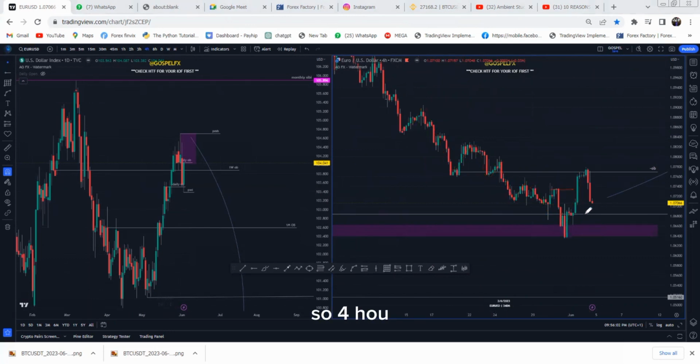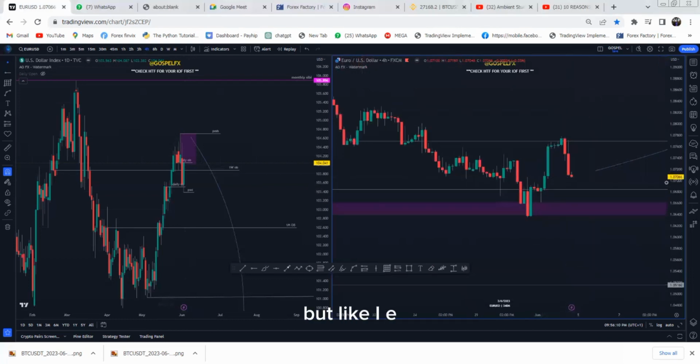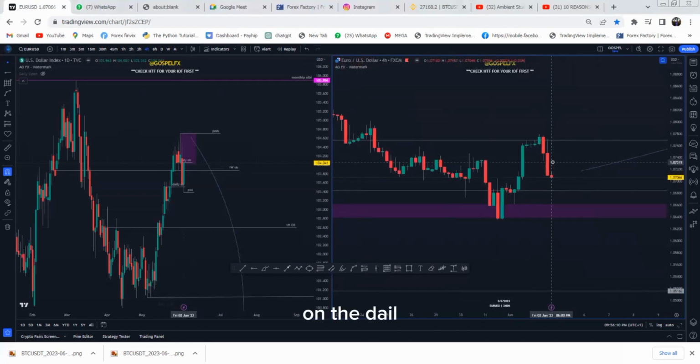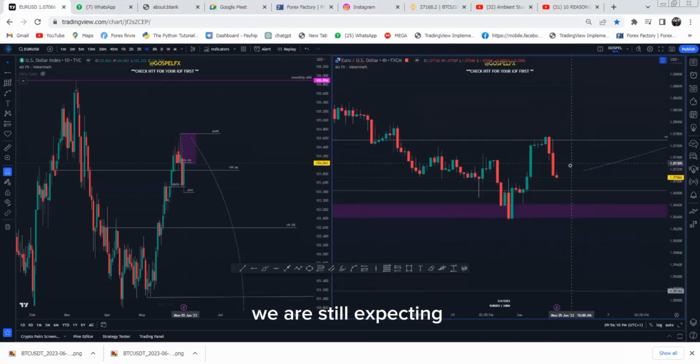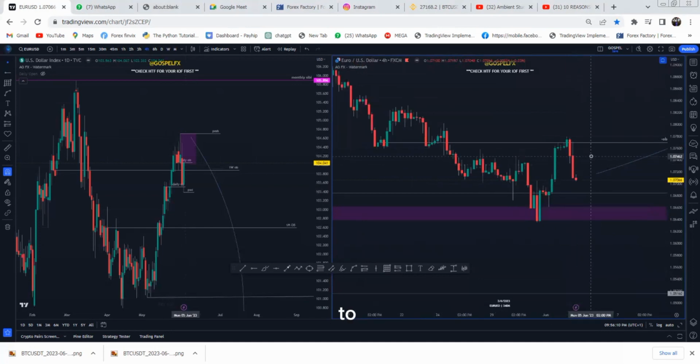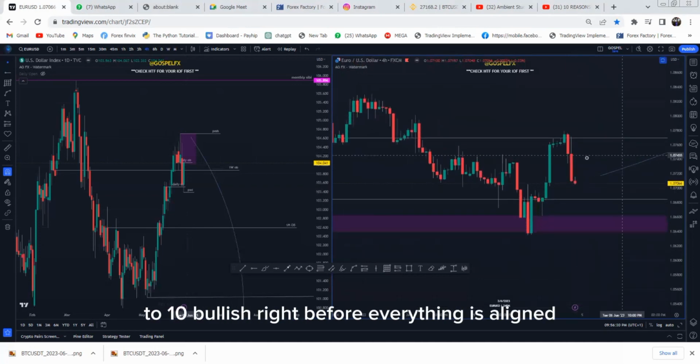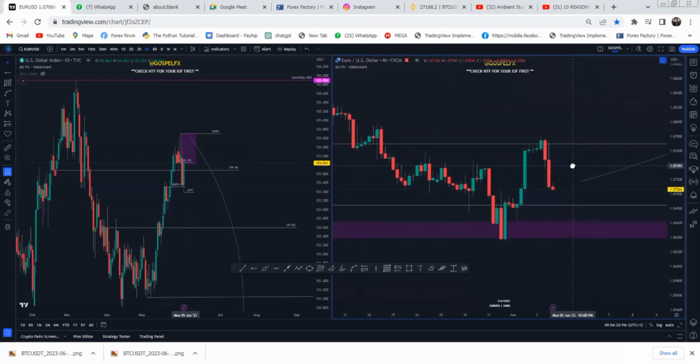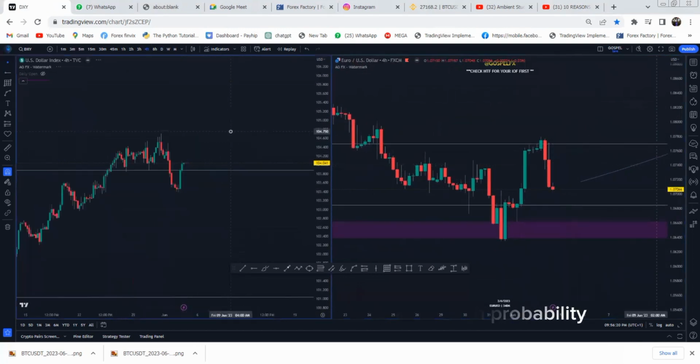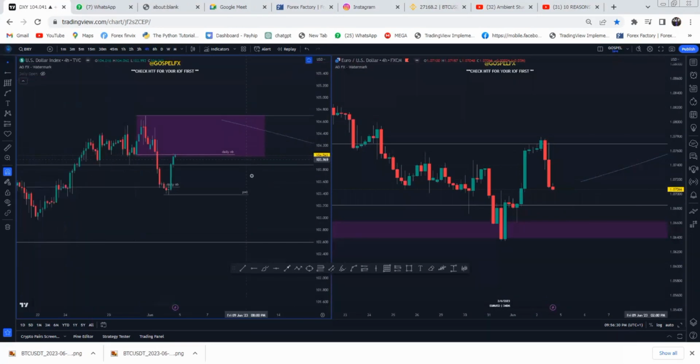So 4 hour is already giving us a bullish shift. Okay, but like I explained here on the daily, on dollar, we are still expecting the daily and the weekly to turn bullish, all right, before everything is aligned, so that we can now be talking about high probability trade setups.